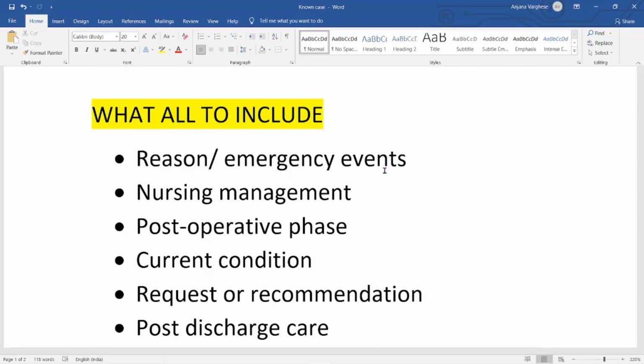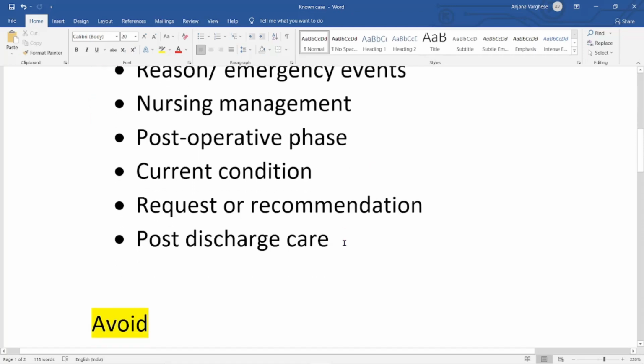Nursing management will be important, what happened after the post-operative phase, and the current condition. We want only updated information. Any request or recommendation, then post discharge care, whatever is written in the discharge plan.